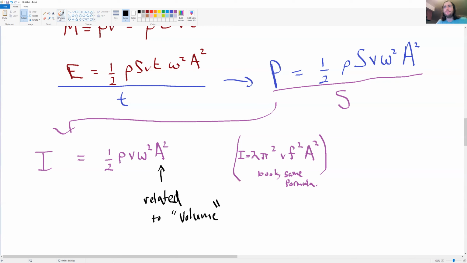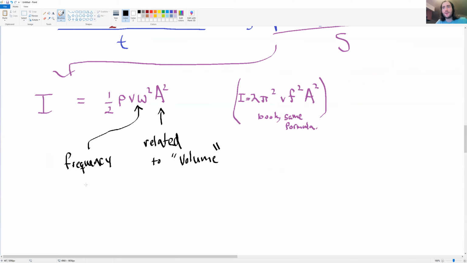Okay. But as you can see, the intensity also depends on frequency. Since the intensity depends on frequency, this means that different frequencies can appear louder, or I guess maybe softer, to your ear.